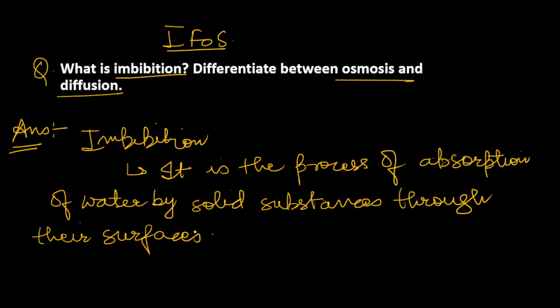So what is imbibition? When solid substances absorb water through their surfaces, that is what we call imbibition. Solid substances is the keyword here. When solid substances absorb water or moisture.